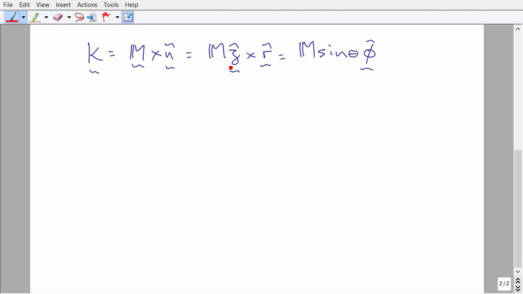You can express this in spherical basis or in Cartesian basis. There's a variety of ways of doing that, so you should try that and just verify that this is indeed correct. Okay, so having obtained K, we're going to break the sphere up into a series of current loops and integrate over those current loops appropriately to generate the dipole moment.